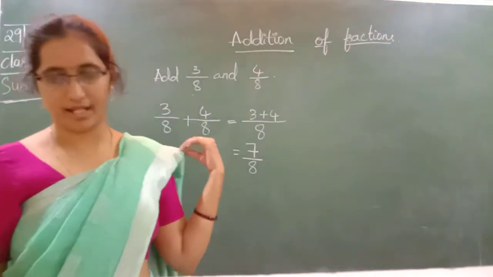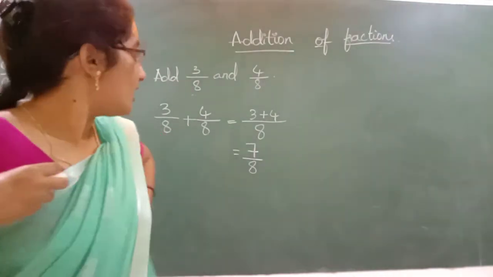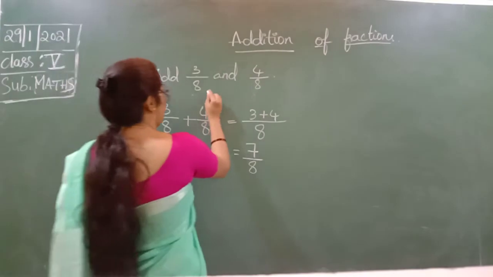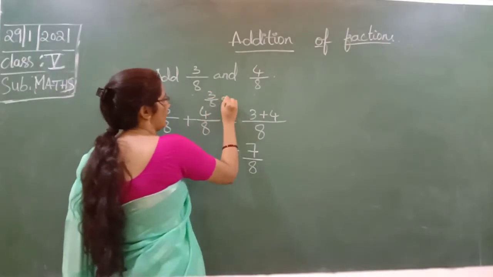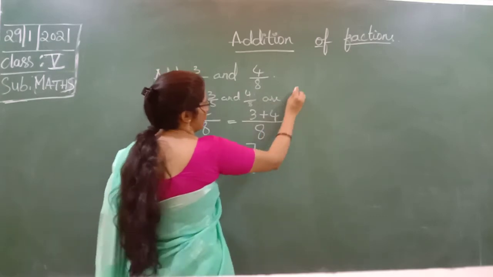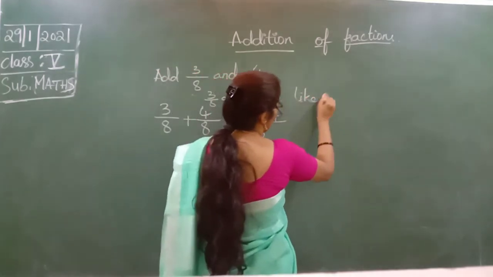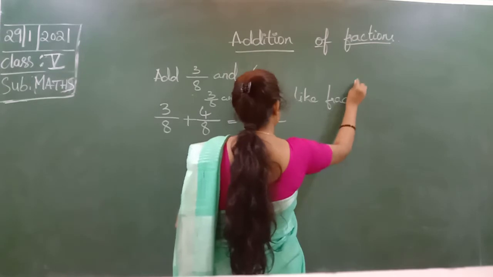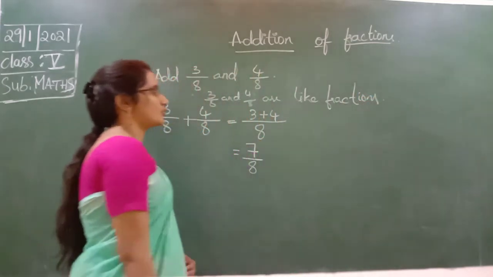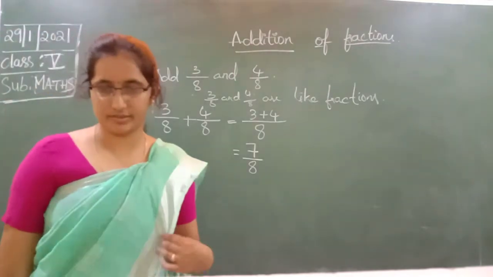Now 7 by 8 is the answer. When they give like fractions, 3 by 8 and 4 by 8 are like fractions, so we have to add only numerators.